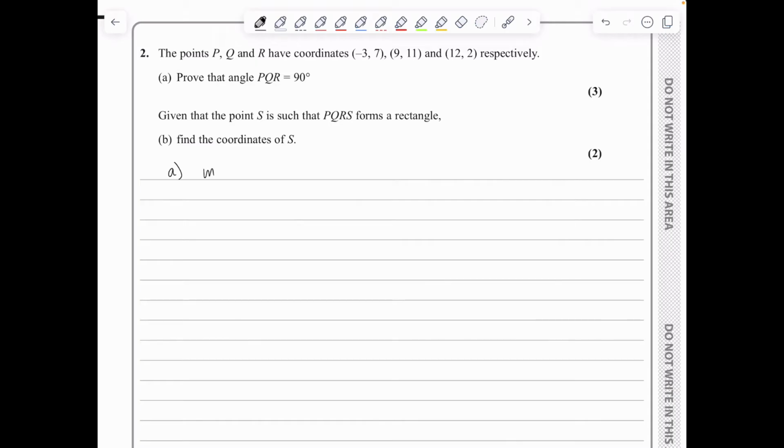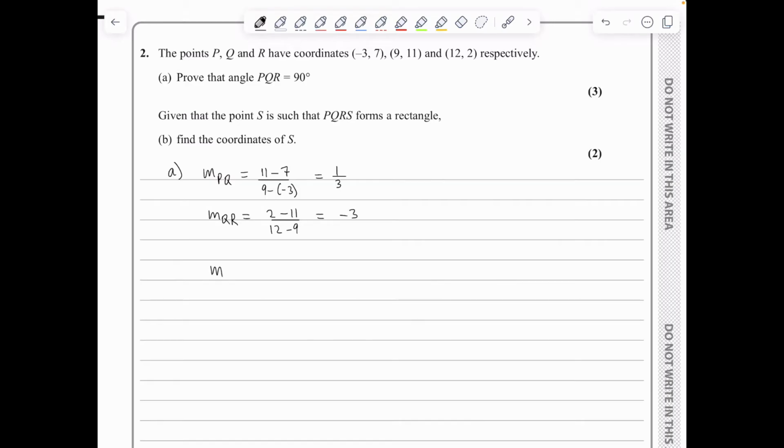We've got the gradient of PQ. I'm doing y2 minus y1 over x2 minus x1. So it's 11 minus 7 over 9 minus -3. This gives an answer of a third. And I will now do the gradient of QR. So for the gradient of QR, it's again rise over run. So 2 minus 11 over 12 minus 9, which gives an answer of -3.